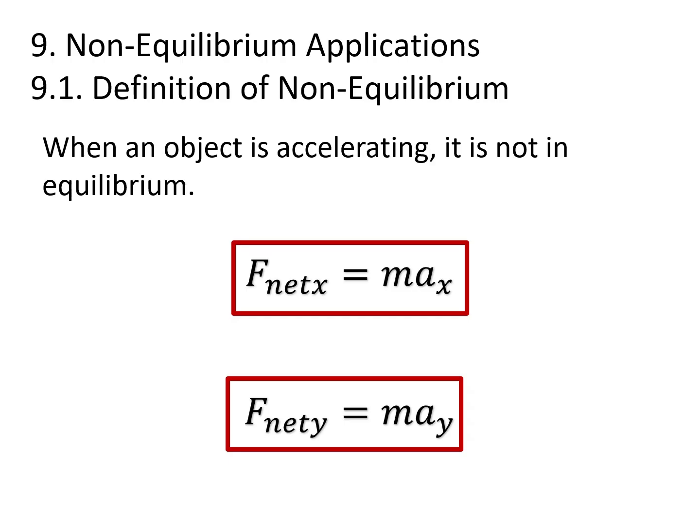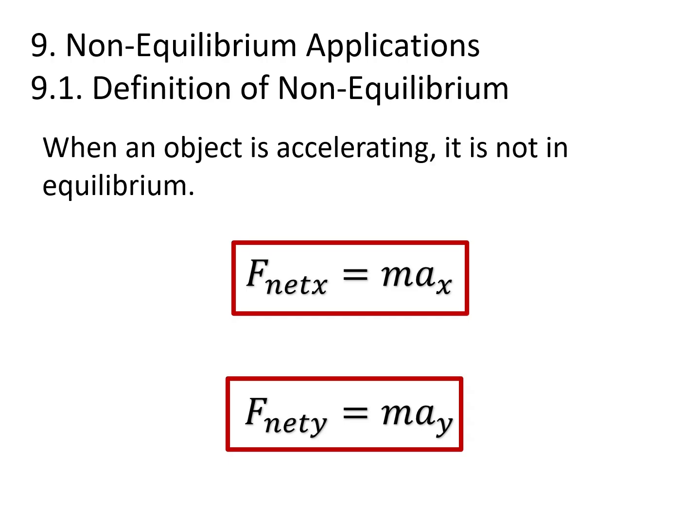In two dimensions, we apply Newton's second law separately in each direction. In the x direction, the net force in x equals mass times the x component of the acceleration, and in the y direction, the net force in y equals mass times the y component of the acceleration. The key difference from equilibrium is that the right side of the equation may not be zero.